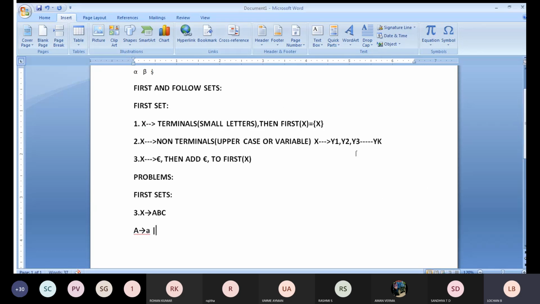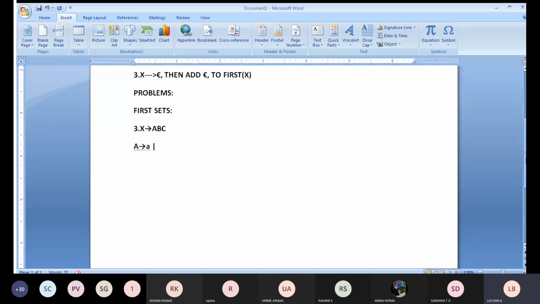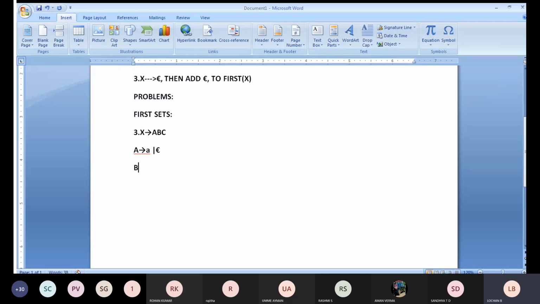I'll take it as A or epsilon. So now I am going to continue my B production. So B implies only small b. So C also is there. X implies capital ABC. I'll take C implies small c. Don't write anything.